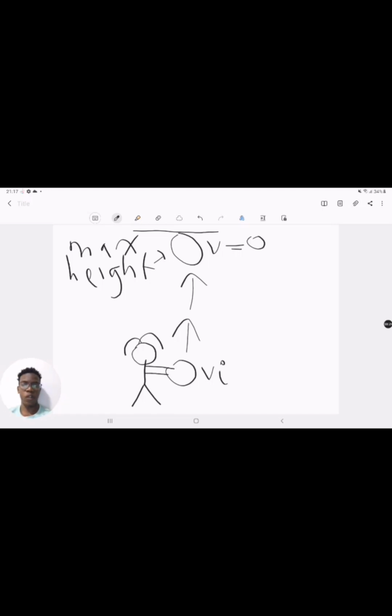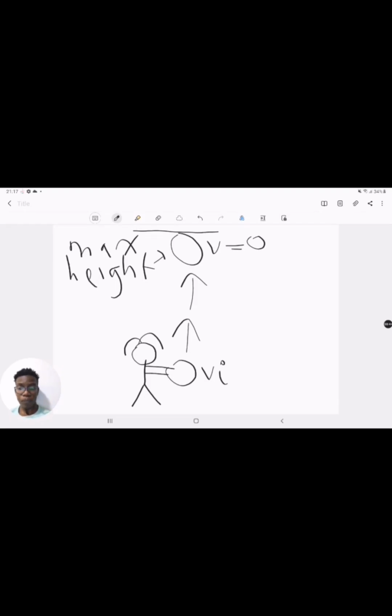We all know that if you throw a ball upwards, it won't go upwards forever, right? It will come back down. Why does the ball come back down when you've clearly thrown it upwards? Because acceleration is always negative on the ball. Acceleration is always pulling the ball back downwards towards you, right?